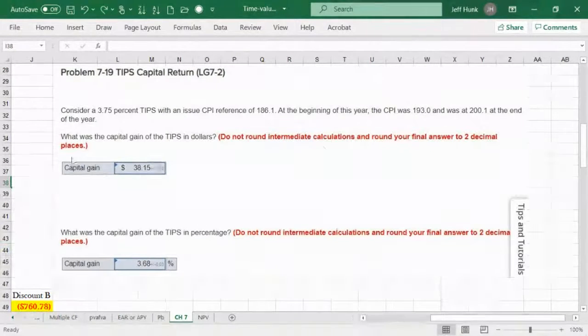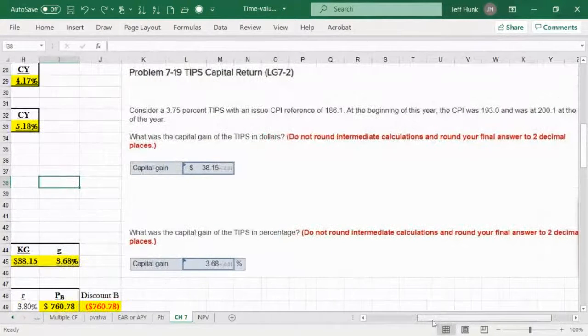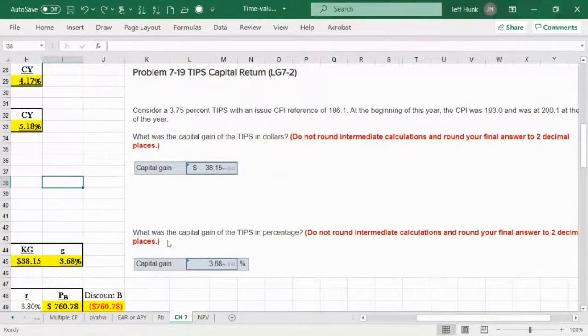So what was the capital gains of the TIPS in dollars? The capital gain is the par value change, right? If the par value goes up, there is definitely a capital gain. Part two: what was the capital gains of TIPS in percentage?